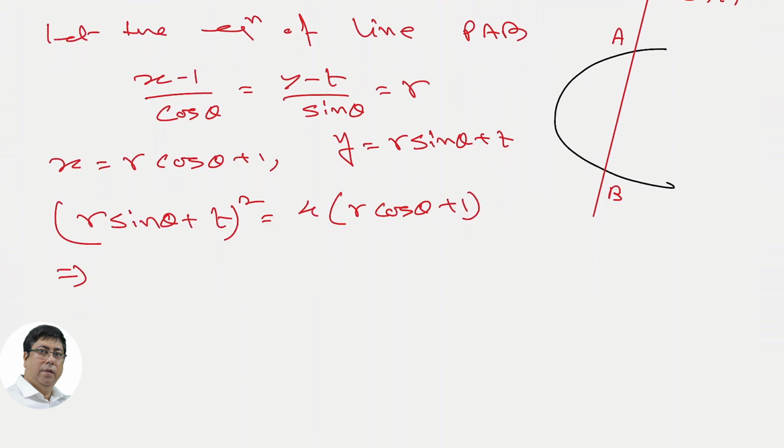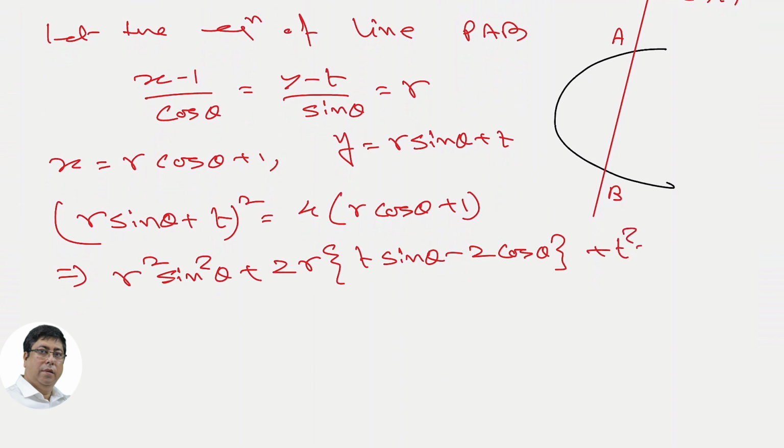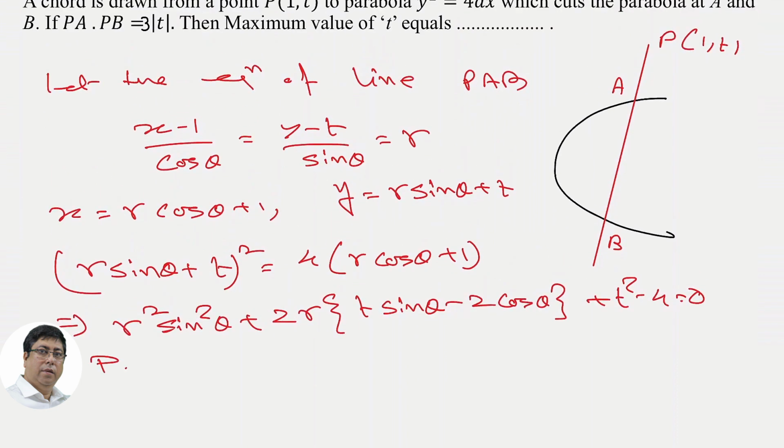Therefore, make one quadratic equation in r: r square sin square theta plus 2r, if we take, t sin theta minus 2 cos theta, plus t square minus 4 equal to 0, and product of the roots is c by a. Therefore, PA into PB equal to c by a, in this case t square minus 4 by sin square theta.